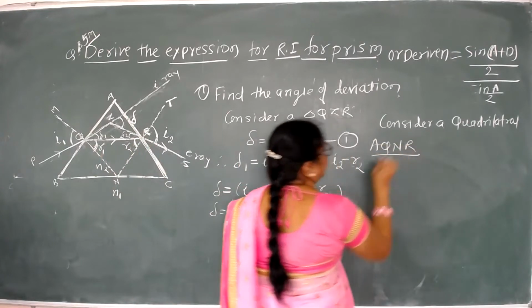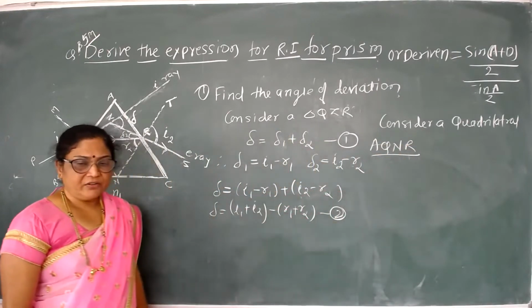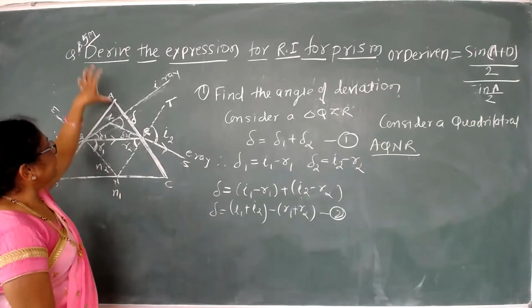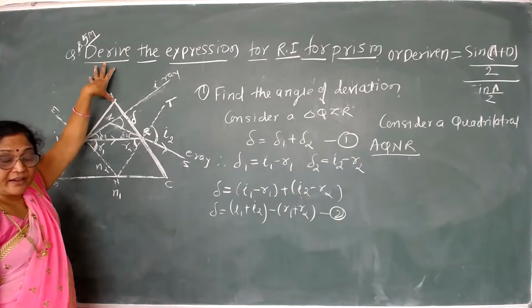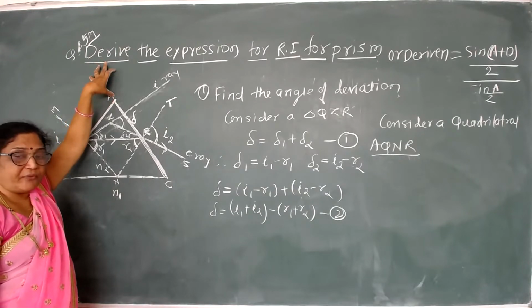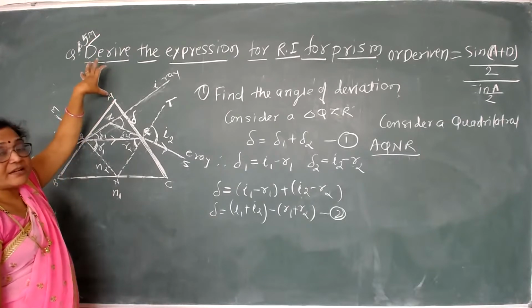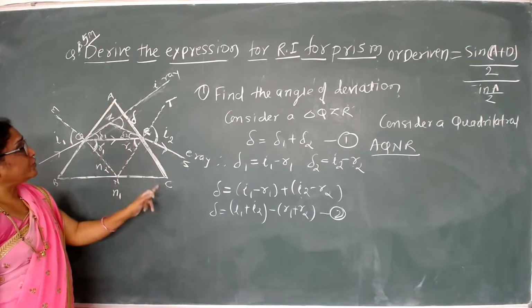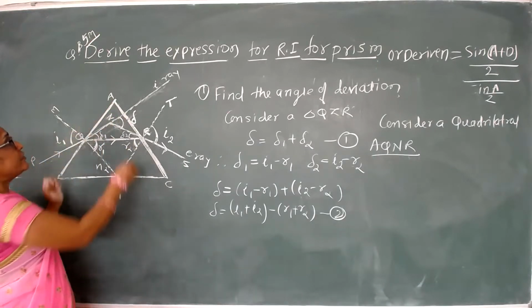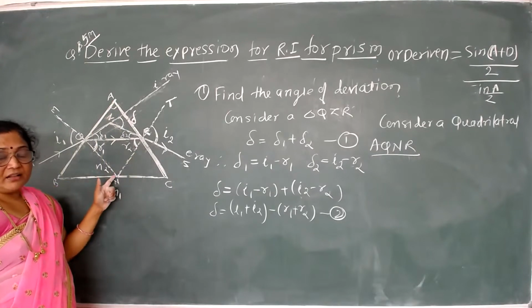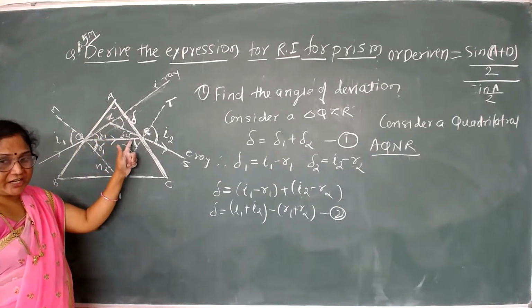In the quadrilateral, there are 4 angles. The first angle is A, which is known as the angle of a prism. The angle of prism is the angle found between the two refracting surfaces. In an equilateral triangle, the angle of prism is 60 degrees.